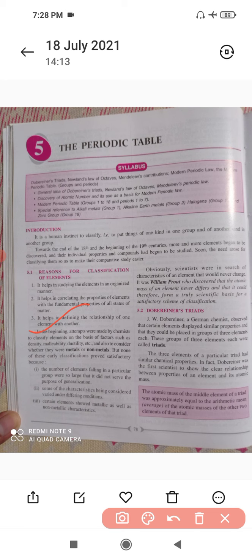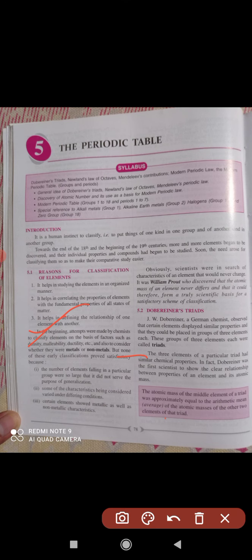Like here you can see density, malleability, but everything totally failed; nothing came in a proper correlating way. Here you can see that none of these early classifications proved satisfactory.